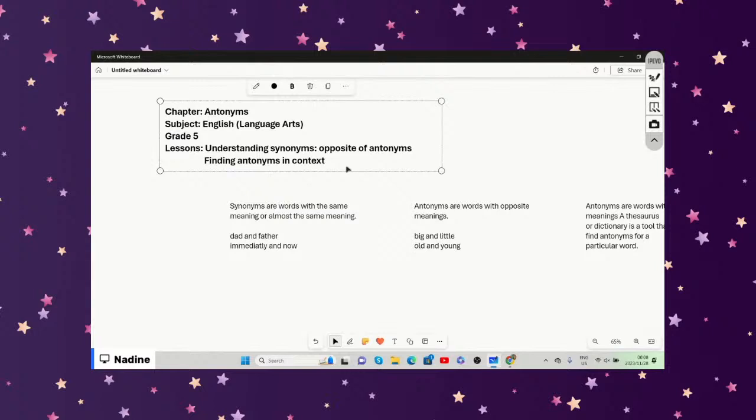Because remember, synonyms are different words with the same or similar meaning, whereas antonyms are opposite in meaning, right? Or words that have opposite meaning. And then we're also going to find antonyms in context, where we're going to discuss antonyms a bit deeper, right? And that is more on its own.